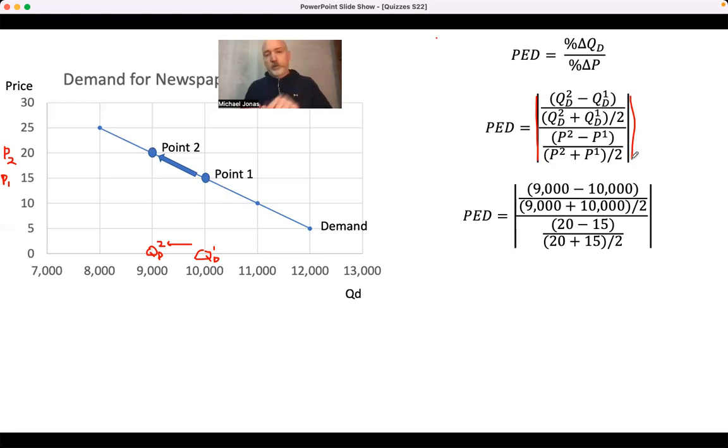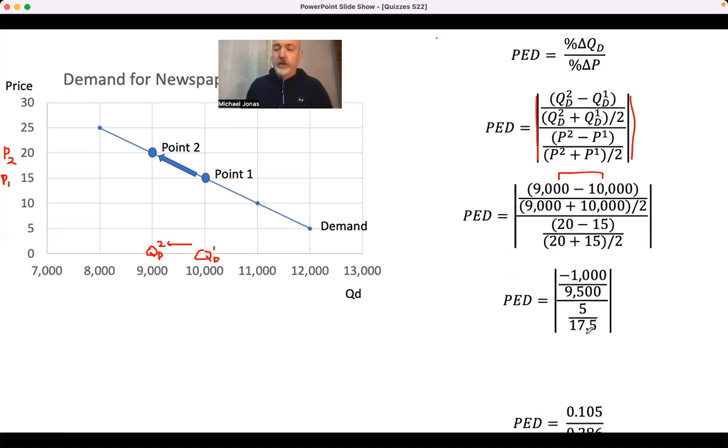All right, so now we're just plugging numbers into our calculator and simplifying our fraction. It's the 1,000 unit change over the midpoint between the starting and the end quantities, between 9,000 and 10,000, so over 9,500. And then the percentage change in price, a $5 change over a midpoint base of 17.5.